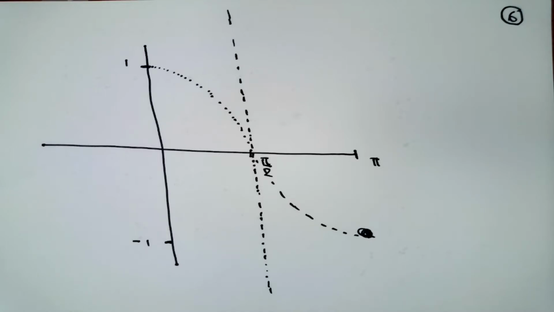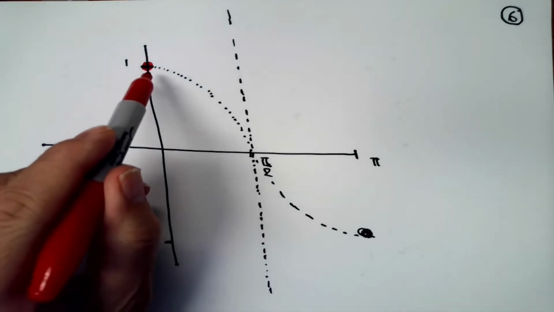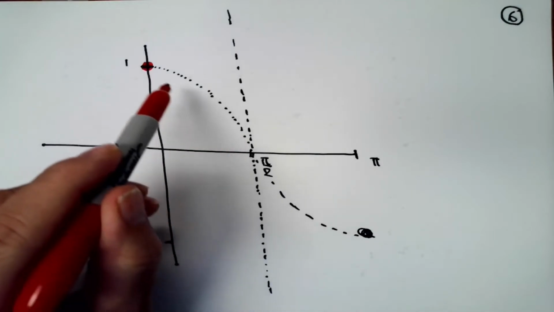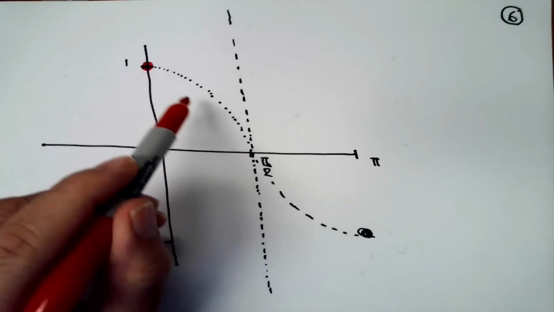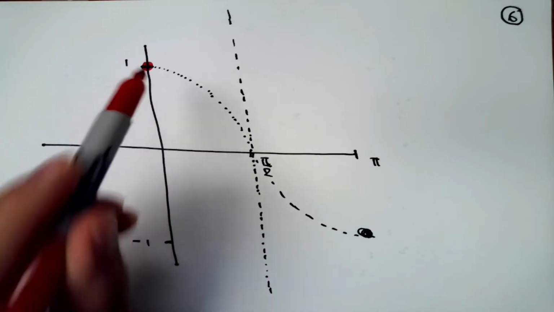I'm going to draw in points on the graph of the secant in red. This is the graph that I'm really interested in. As you allow the x to increase from being 0 to being positive, the cosine remains positive, the y-coordinate remains positive for a while, but is decreasing.